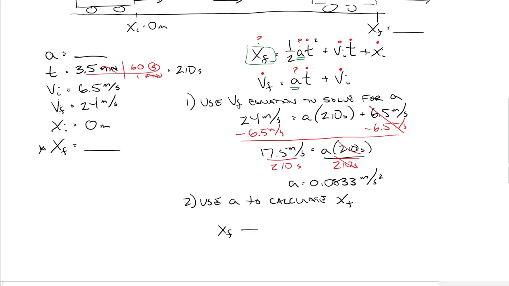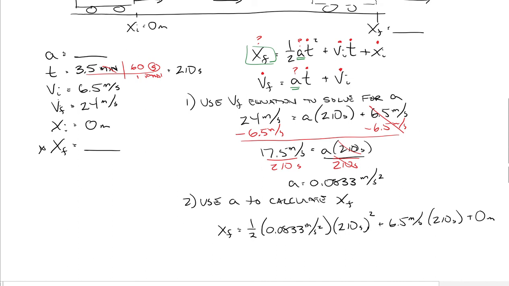X final is equal to 1/2 of that a value, 0.0833 meters per second squared, times my time, 210 seconds, and that is squared, plus my initial velocity, which is 6.5 meters per second, times the 210 seconds, plus my initial position, which is 0 meters.